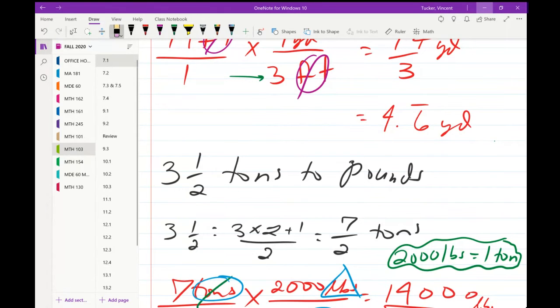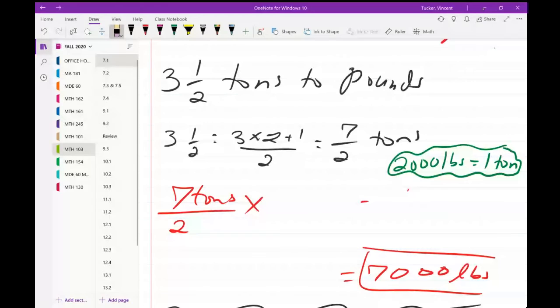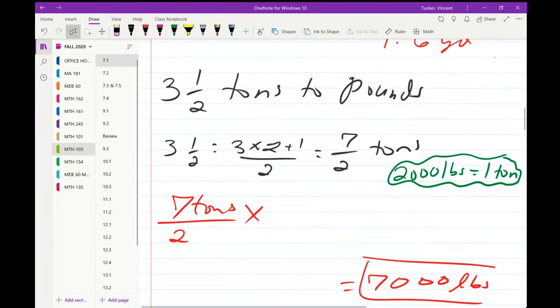So let me erase. All right. So we have 7 over 2 tons. And we're going to use this relationship of 2,000 pounds equal to 1 ton. So we got 1 ton down bottom, 2,000 pounds up top.